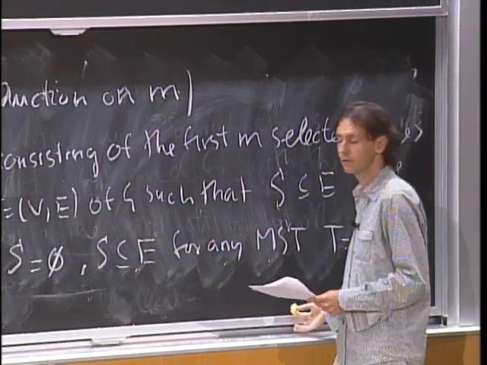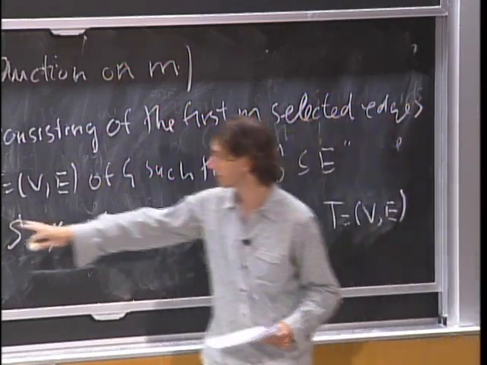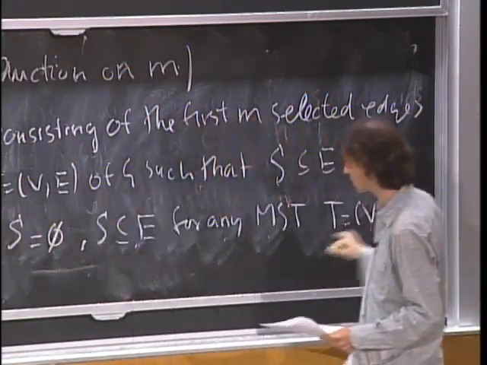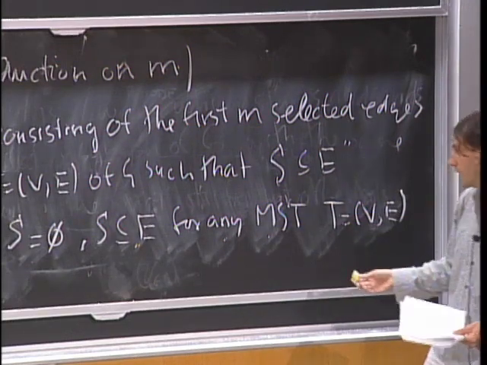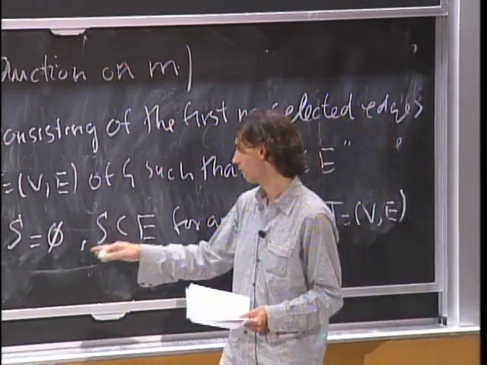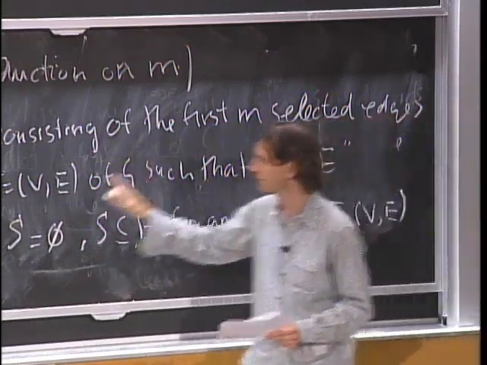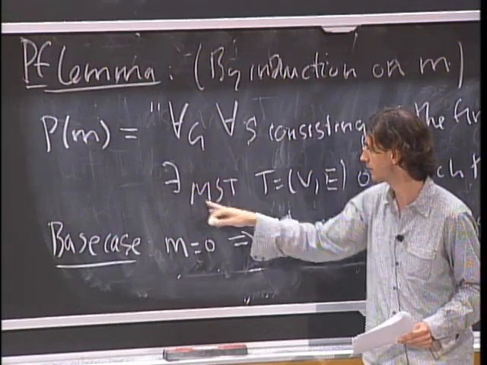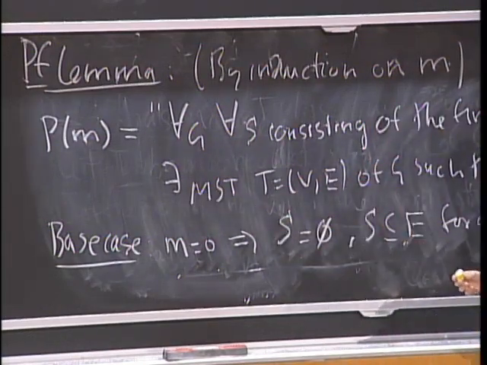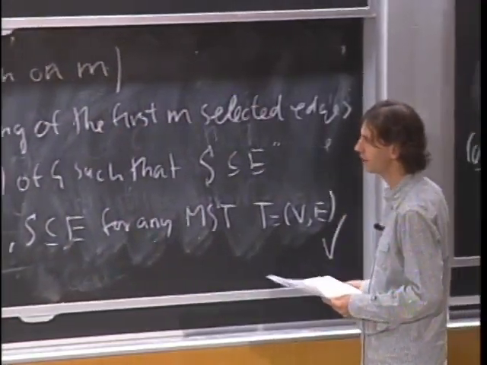And now we're going to use our theorem to show that there also exists a minimum spanning tree. So this in itself is not yet sufficient, right? Do you see that? I know that if S is the empty set, then this always holds, but the statement is a little bit bigger. For all G, I still need to prove that there exists a minimum spanning tree, and that's what our previous theorem told us. So we'll not write that part out. So we have the base case.